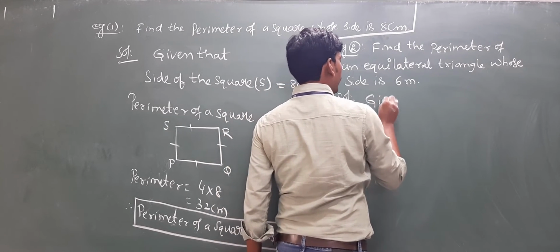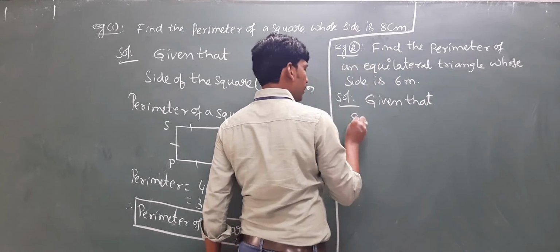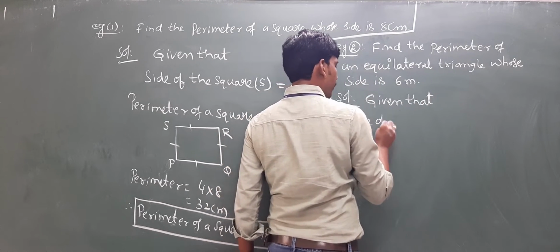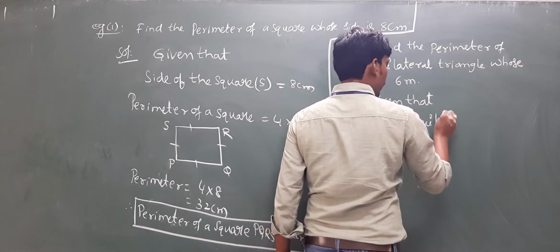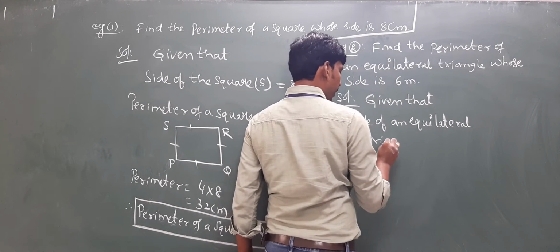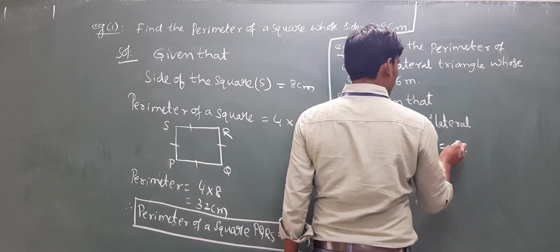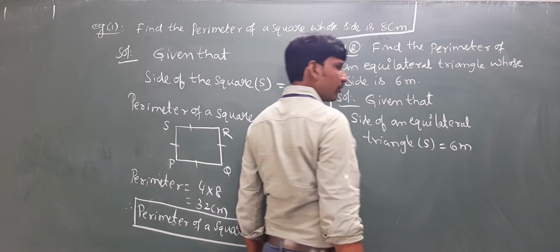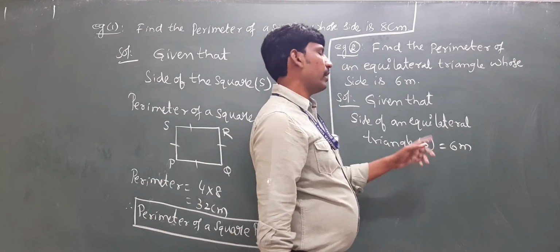So given that, side of an equilateral triangle, how much they gave? S is equal to 6 meters. Clear? Don't be confused here. For a square it is 4 into side, here it is 3 into side.